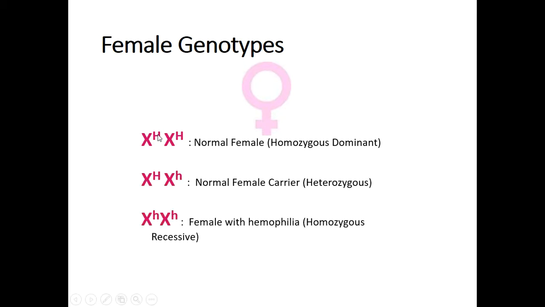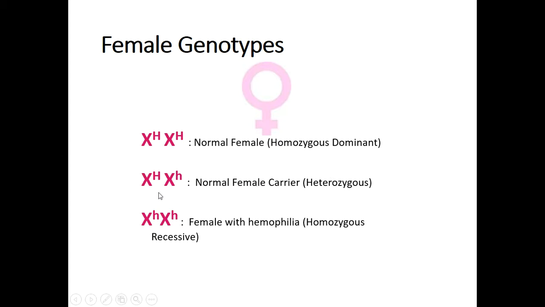The female can have X capital H, X capital H, which is normal, X capital H, X lowercase h, which is a carrier, and X little h, X little h, which is a female with hemophilia. Or in this case, just notice that this is homozygous recessive, this is heterozygous, and this is homozygous dominant.